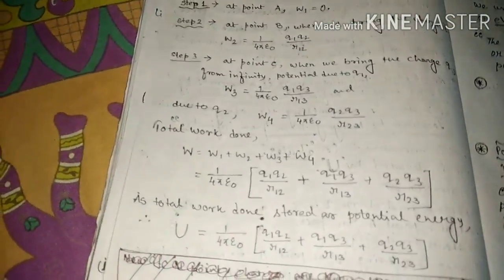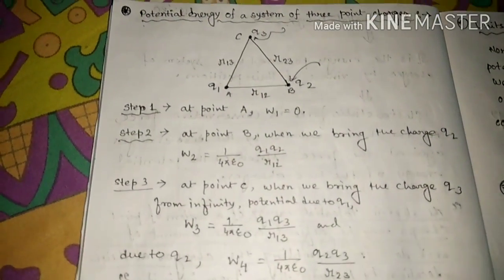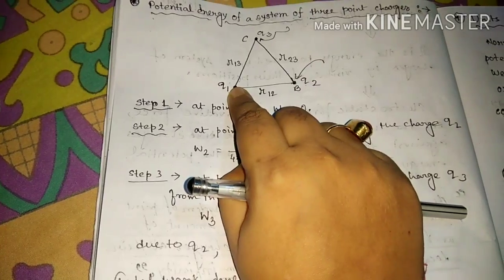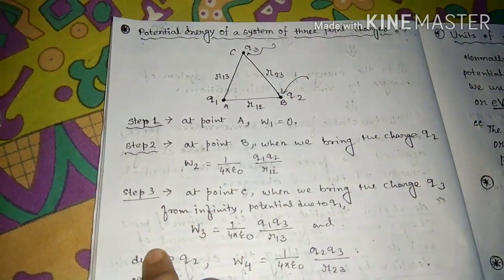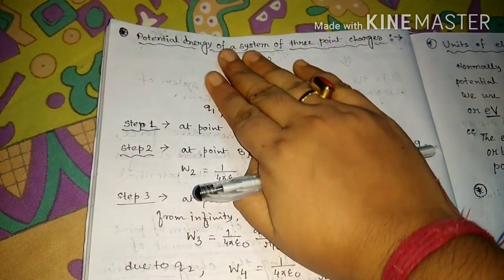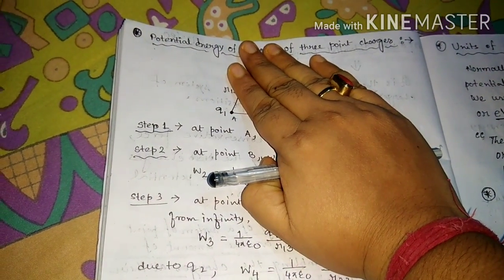Now if three charges are there, then what happens? This is the potential energy of a system of 3-point charges Q1, Q2, and Q3. At point A, first we consider only Q1.